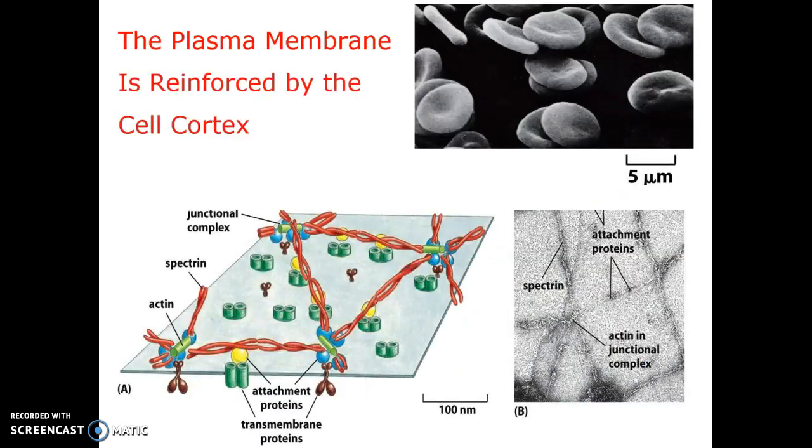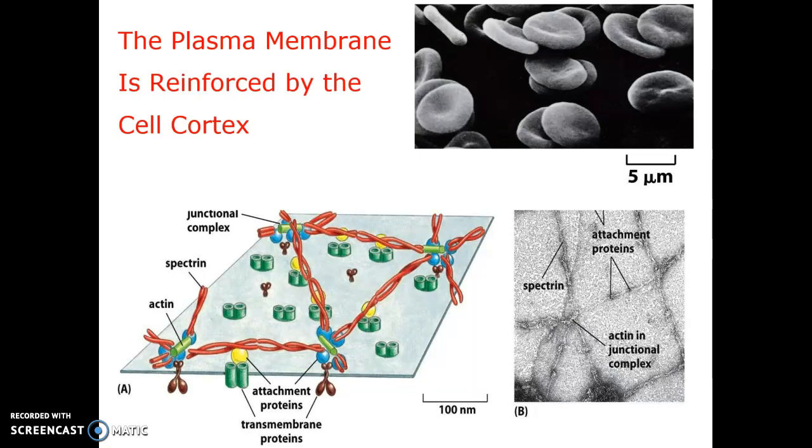So we use these anchors and the cortex in all of our cells. And for an example, red blood cells have a very stereotypic shape.